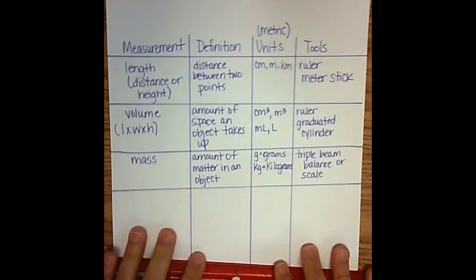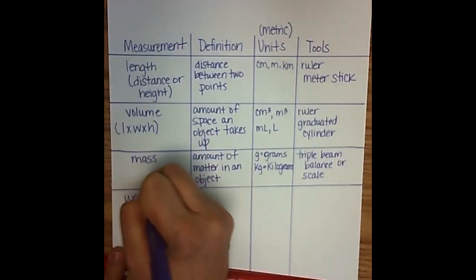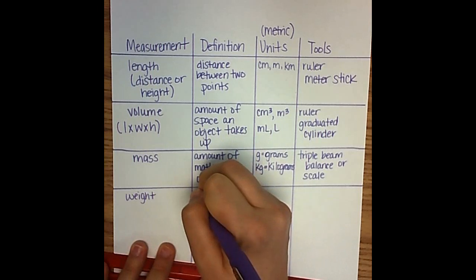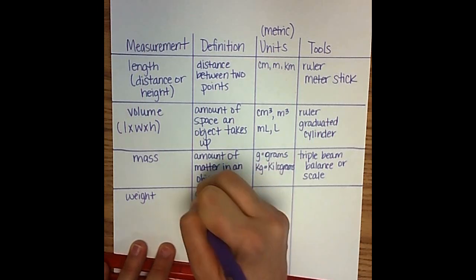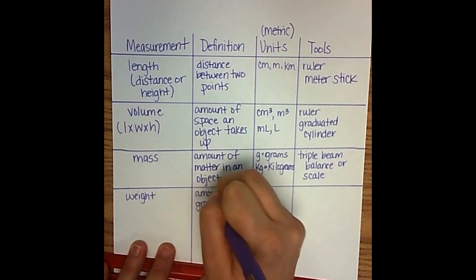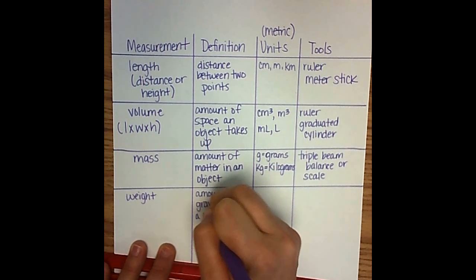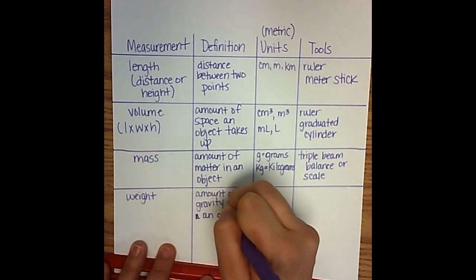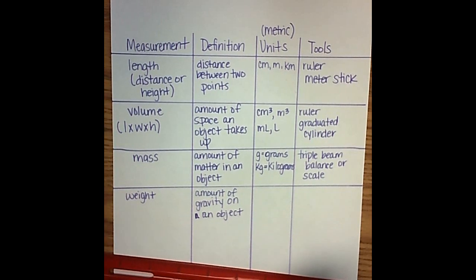Alright, so one of the measurements that we are most used to when it comes to things is weight. So we like to see if the weight changes. That is actually the amount of gravity on an object. Okay, so mass and weight get confused a lot.